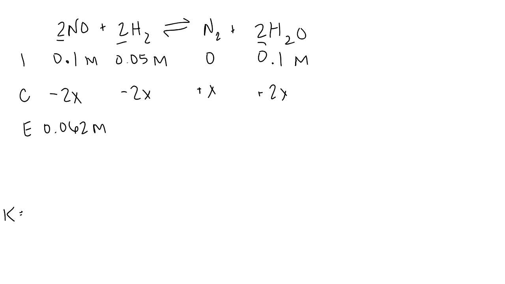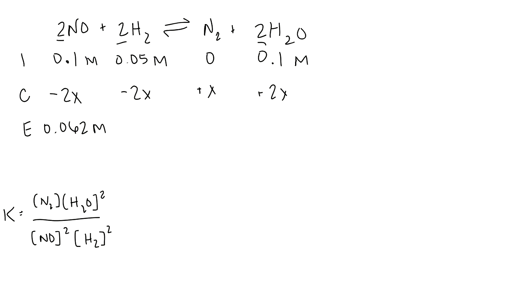And so remember, that's products over reactants, and it's raised to their stoichiometric coefficients. So we're going to have the concentration of nitrogen raised to the first times water raised to the second over nitrogen monoxide raised to the second times hydrogen raised to the second.